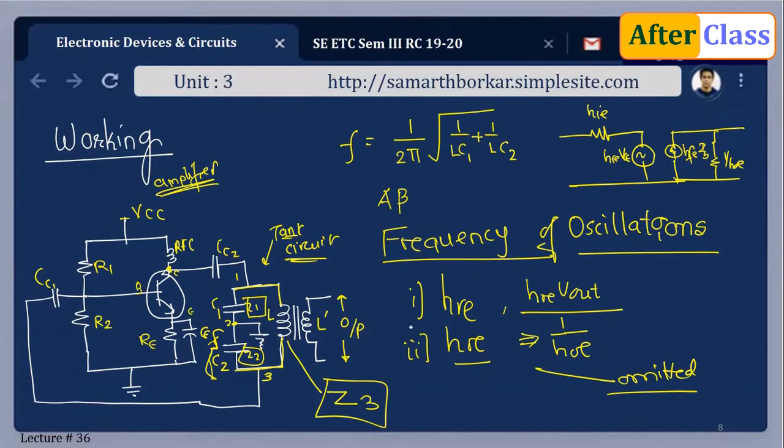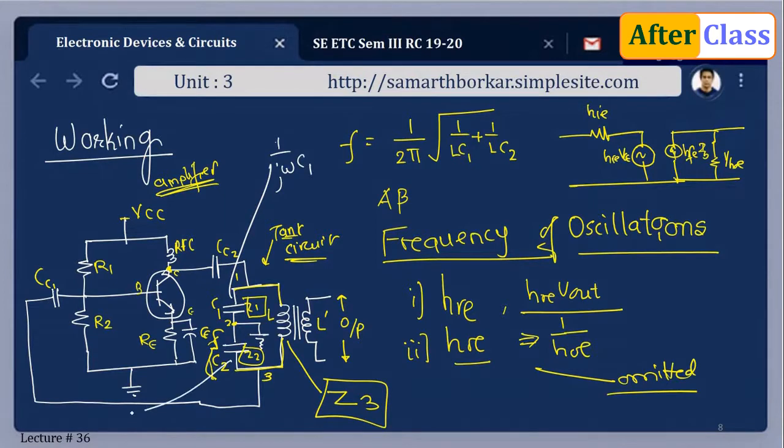And we have derived the expression in general terms of the impedances Z1, Z2 and Z3. Now for Colpitts oscillator, we have to substitute the impedance value of Z1. Z1 is a capacitor, so in terms of impedance it will be 1 upon j omega C1.